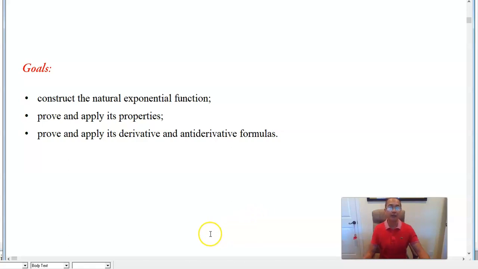Okay, so to begin, we will go to GeoGebra and we will take a look back at the natural logarithmic function, and we will see how to construct its inverse, the exponential function, from there.